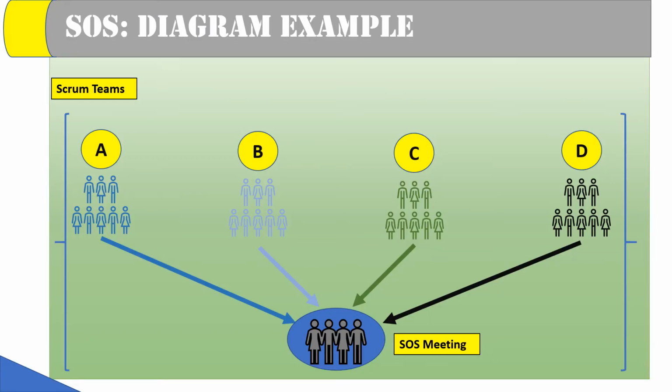Now, this is just a pictorial representation of the SOS meeting, and the scenario where it is required. Here in this example, we have 4 Scrum teams, team A, B, C, and D. When we decide that we need to have a Scrum of Scrums meeting, each team will send one of its members, and those selected members will discuss the team's work progress, any impediments, blockers, dependencies, and integration points they want to discuss with the other team members.